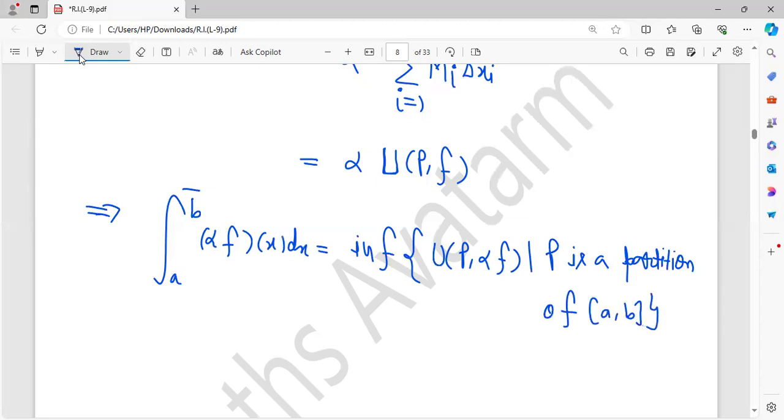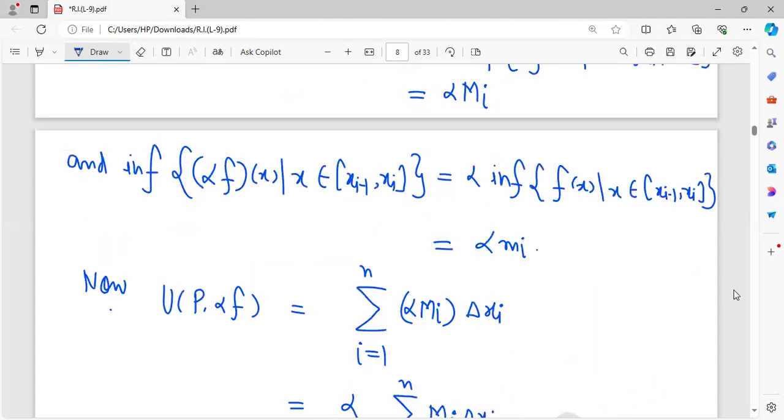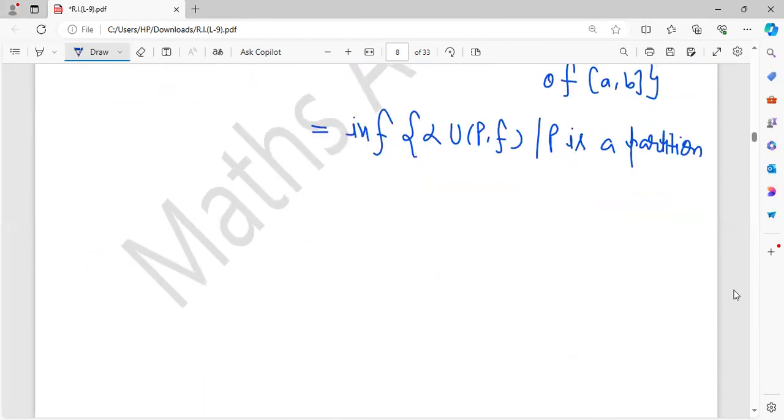But this is nothing but the infimum of alpha U(P,f), because U(P, alpha f) is equal to alpha times U(P,f). So alpha will come out.